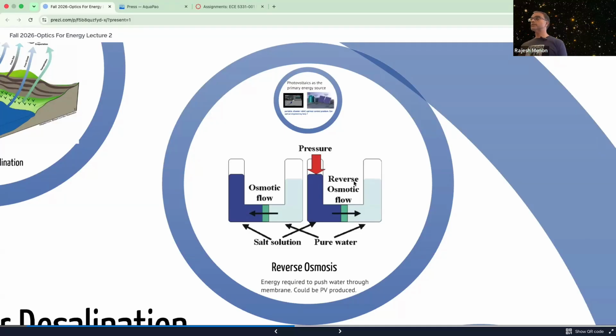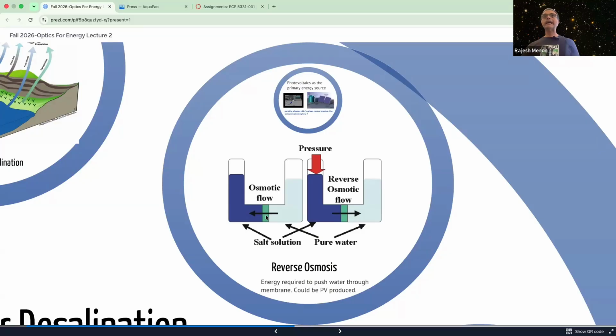There are different ways to do this. The simplest way to think about desalination is with osmosis. Now, what is osmosis? To understand osmosis, we can just look at the left-hand side. Imagine I have a very salty solution, seawater, whatever, on one side, and on the other side, I have pure water, okay? No salt. And they're separated by a filter. Now, this filter is special.